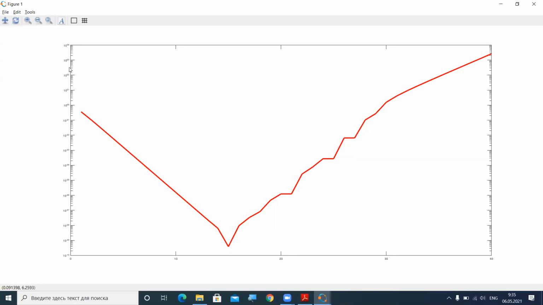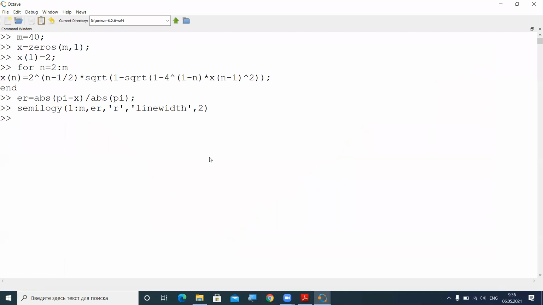On the left side, this is the logarithmic scale for the y-axis, and these are the corresponding relative errors. If we want to change to just log, you can see the difference between them.